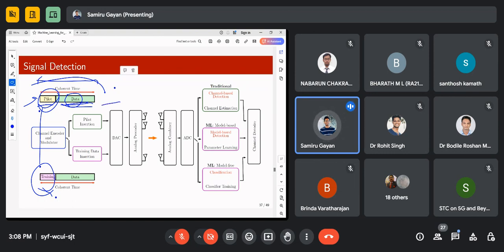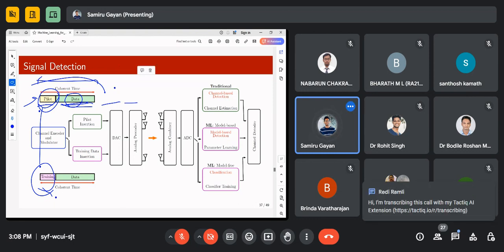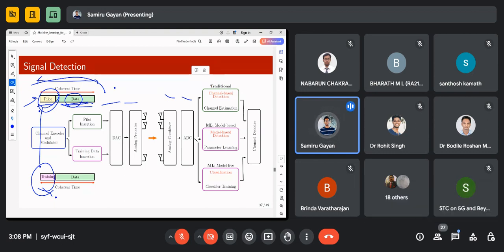You have the digital to analog converter, then an analog precoder if you use a hybrid one, then analog combining and ADCs. This is not the fully digital one. If you have a fully digital setup, you don't have these two. Apart from that, the others are the same. But anyway, the key idea is that we can replace the pilots with training.